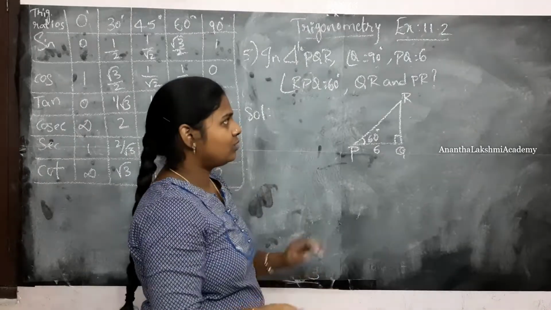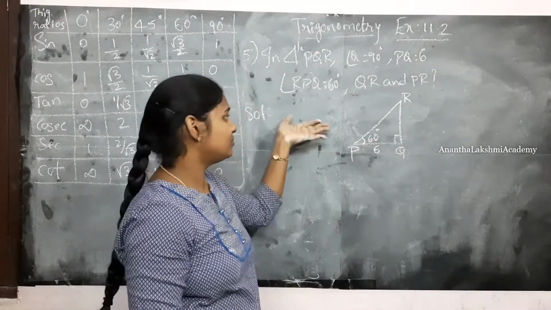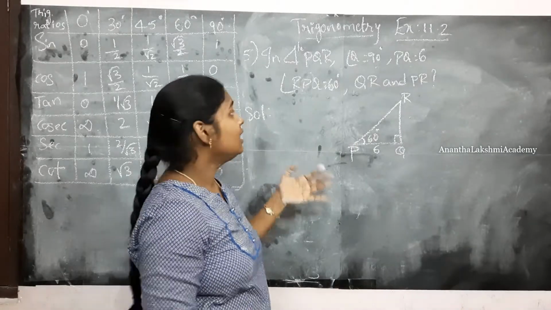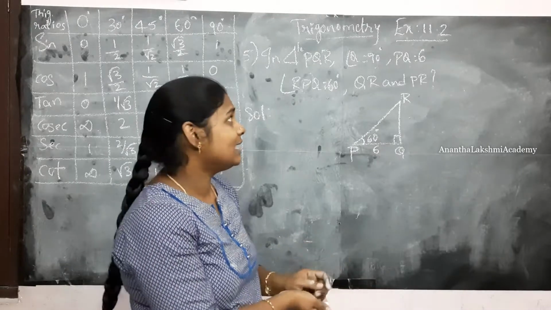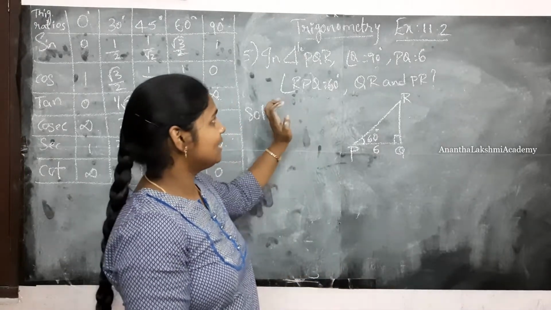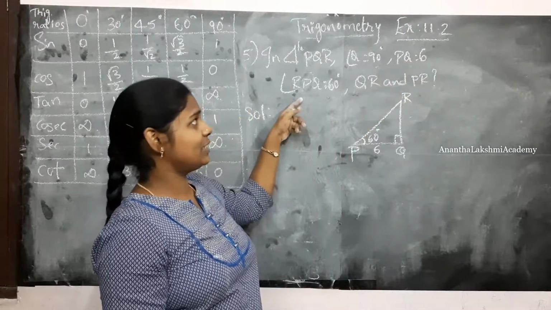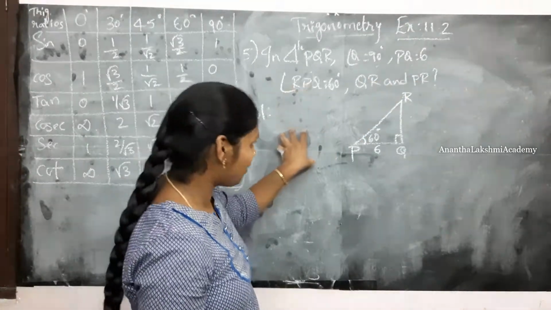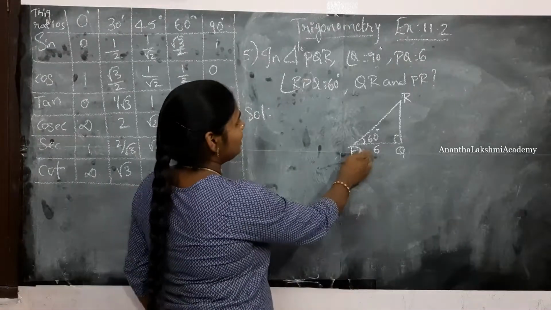If you are writing this problem in an exam, you have to mention what is given. Given angle Q is equal to 90 degrees, PQ equal to 6, angle RPQ is equal to 60 degrees. This is what you have to write first, and then draw this triangle.